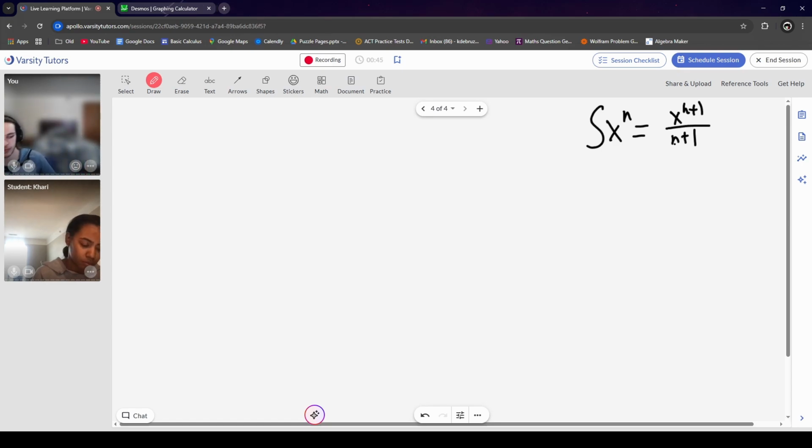There's the 1 over x, natural log of x. Are there any other integrals that you've learned so far? Maybe trig functions or anything else? We haven't learned any special ones.